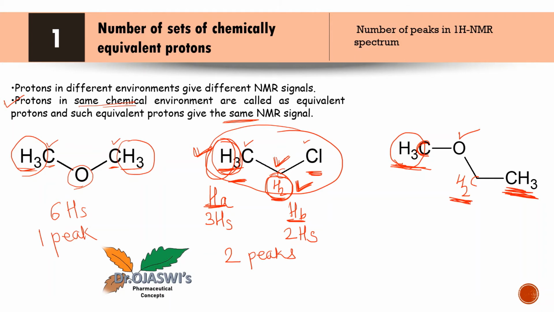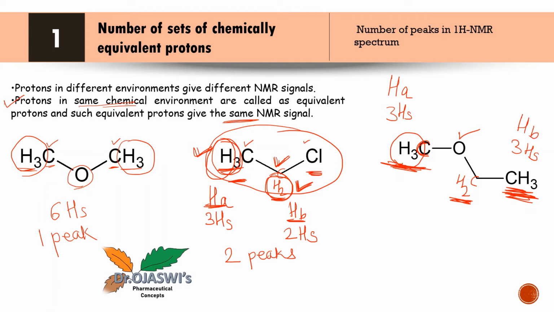So of course their neighborhood is different. Therefore these 3 hydrogens and these 3 hydrogens are in different chemical environments. Let me name them HA and HB.